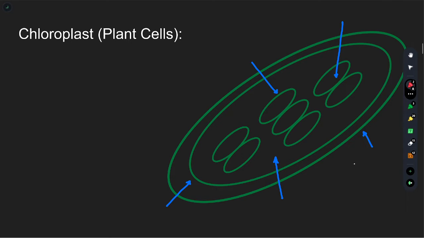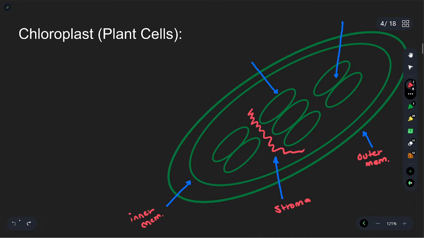We'll start with outer and then going in. This is your chloroplast outer membrane. This is the inner membrane of the chloroplast. This is your stroma. This is the space here. Stroma. This is the thylakoid. They look like little coins inside the chloroplast.